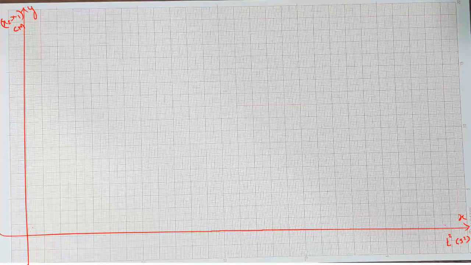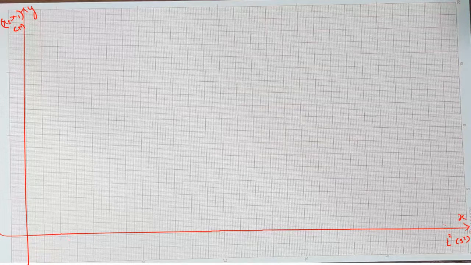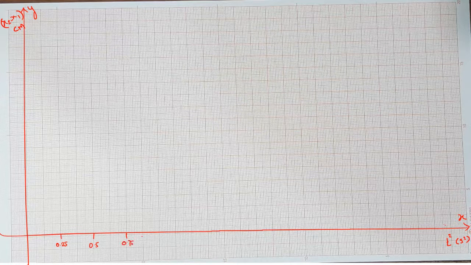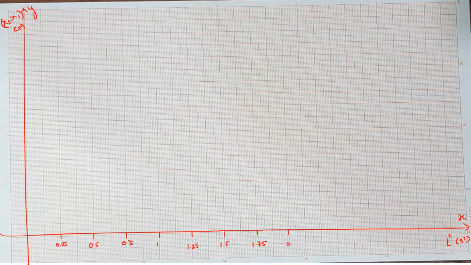So you can just see here, this is my origin. So I'm going to take here 0.25. Likewise, after two boxes, I'm going to take 0.5. Here 0.75. Here 1.25. Here 1.5, 1.75, 2.